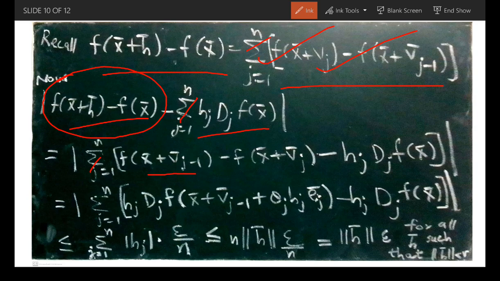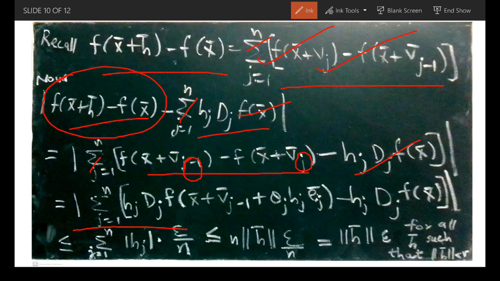So f(x + v_j) minus f(x + v_{j-1}), I think this is v_j and here it is v_{j-1}. Sorry for that mistake. Minus sigma h_j d_j f at x, equal to modulus of sigma j running from 1 to n.